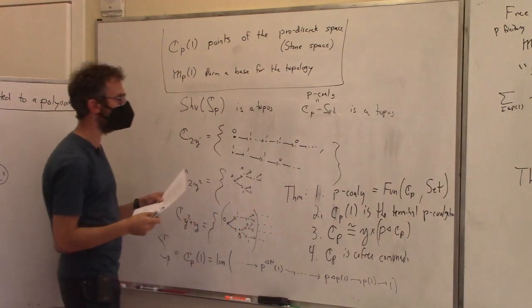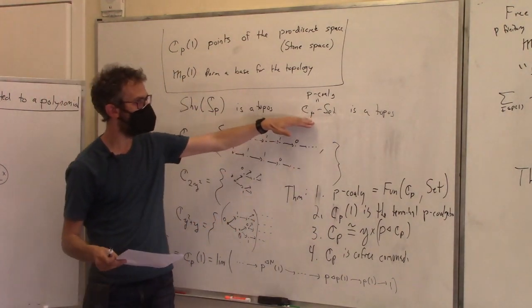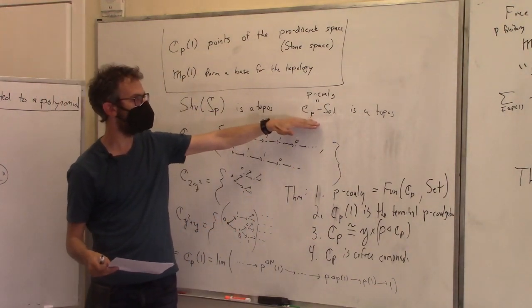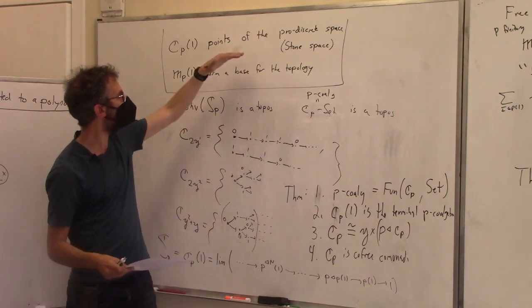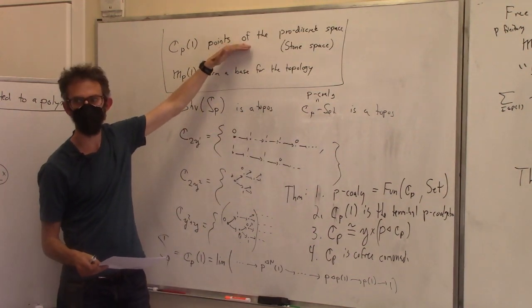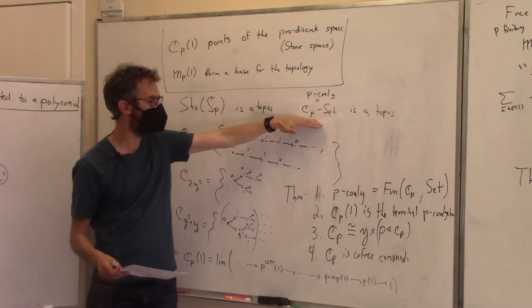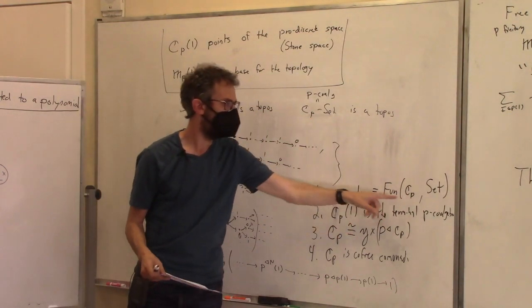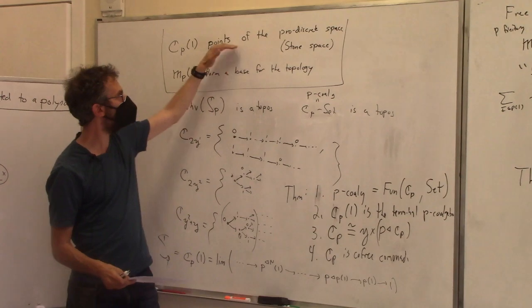And they're very related. The objects of the site, C_P, are the points of this topological space. So the objects of this functor are the points of this thing here.